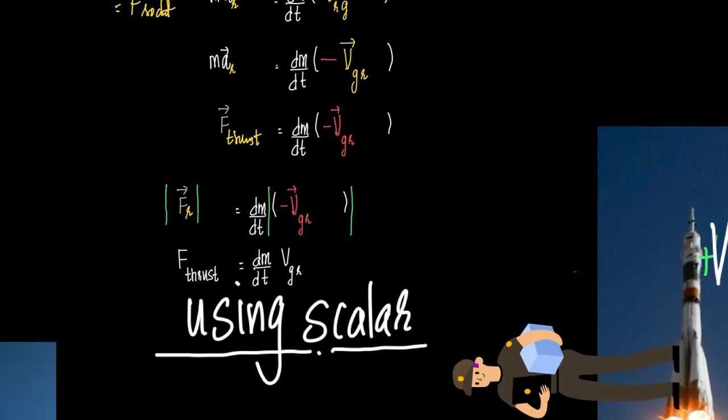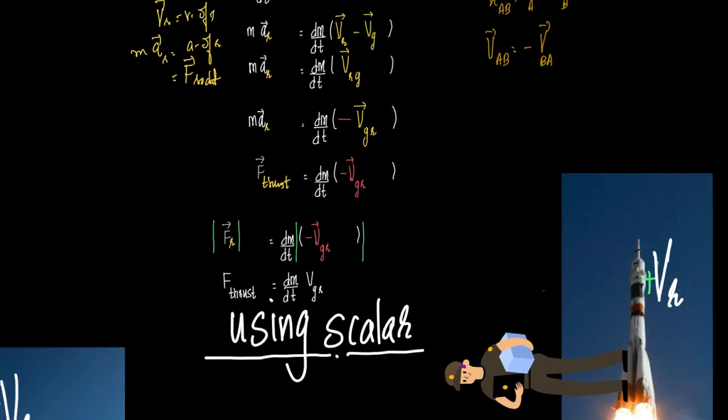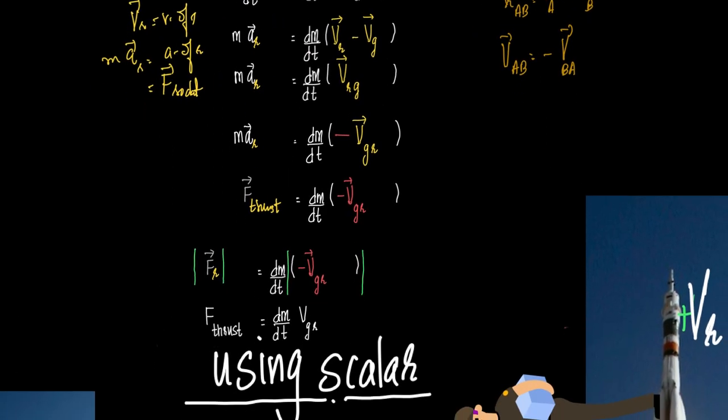Now, using scalar notation, if we take magnitude on both sides, the magnitude of F thrust becomes F thrust alone, dm by dt is a magnitude, and the magnitude of minus VGR becomes VGR. Therefore, F thrust is equal to dm by dt into VGR. I hope this much is clear.